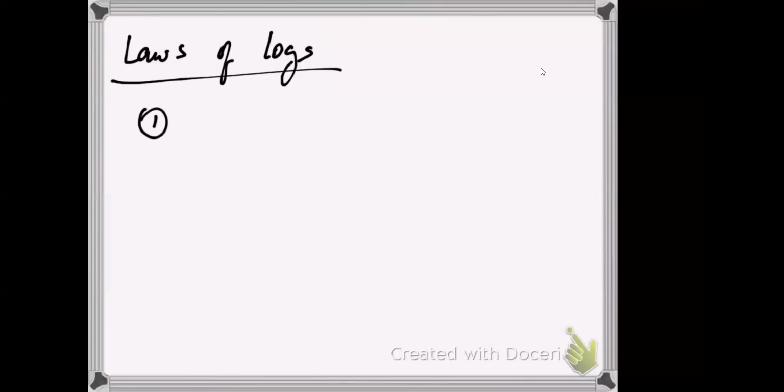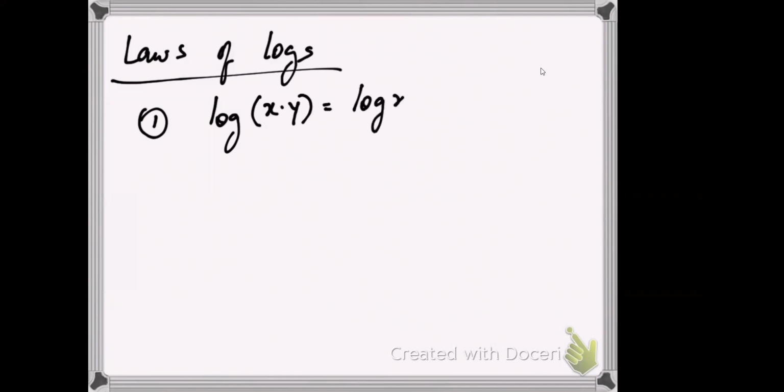Number 1, log of, this is the same base, so we're not going to write any base, log of any number or any variable x times y. If there are 2 things multiplied, log of xy is equal to log of x plus log of y.